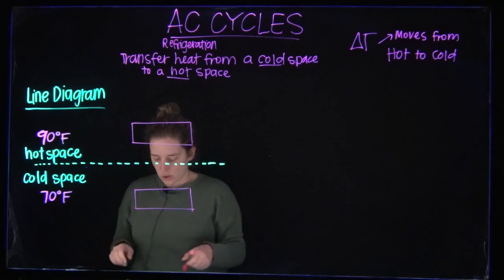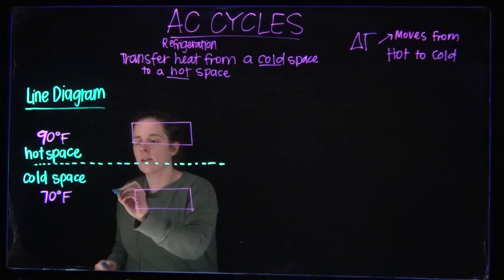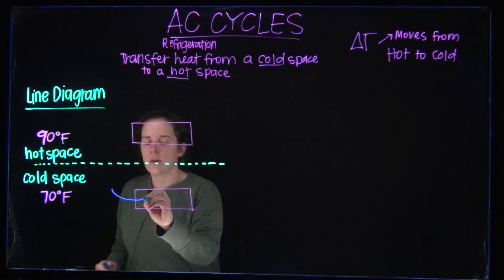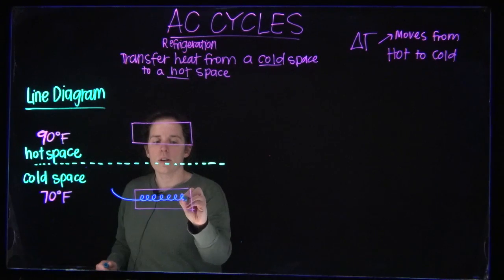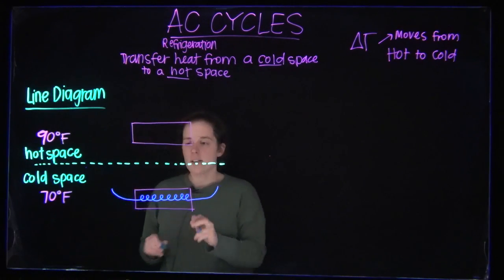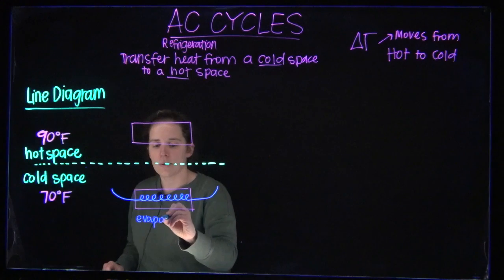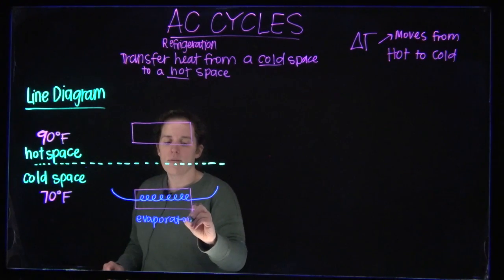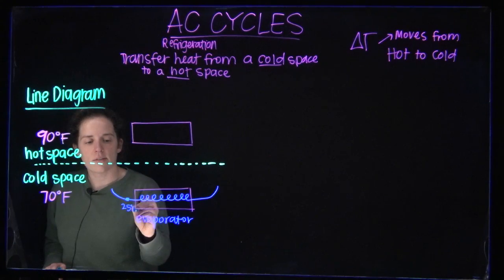We are going to consider, where'd my blue go? We are going to consider, as we go through this little heat exchanger here, and that heat exchanger is what we are going to call an evaporator, because it is one. So we have an evaporator, and at the inlet of this, we're going to be at about 25 degrees Fahrenheit.